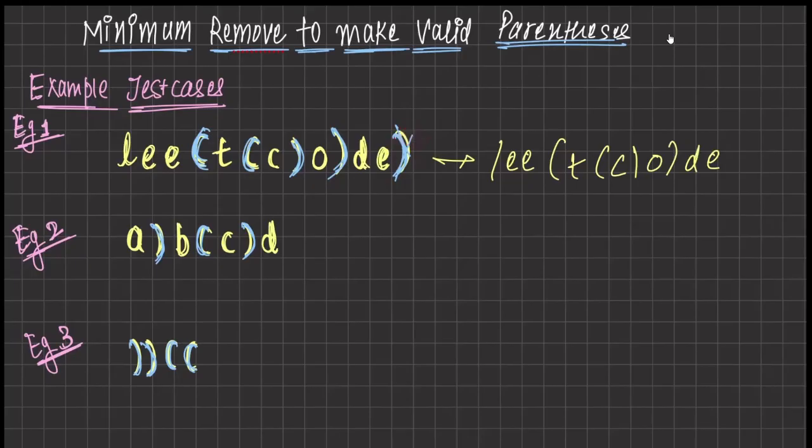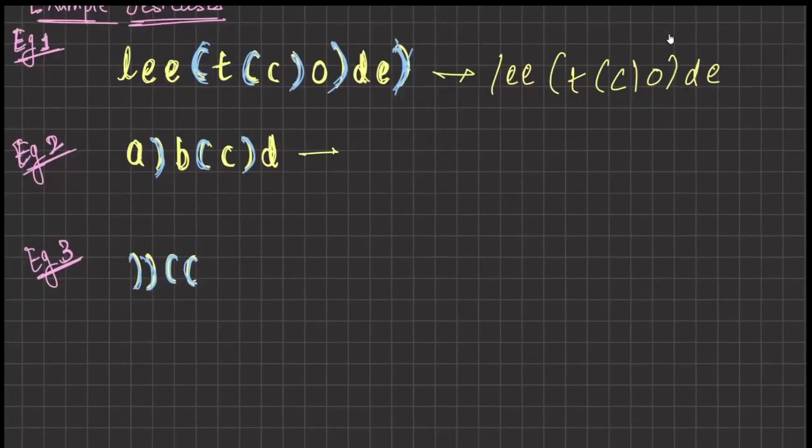Now similarly, for this, we can see that these two are completing the pair. So this is extra, and we can remove it: A, B, bracket C, closed, right? Similarly, for this, we can see this is a closing parenthesis and no opening parenthesis before, so these two should be ignored. Similarly for these two, there should be a closing parenthesis ahead and nothing is there.